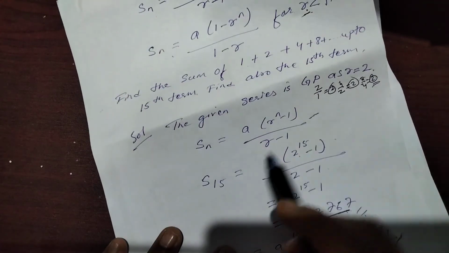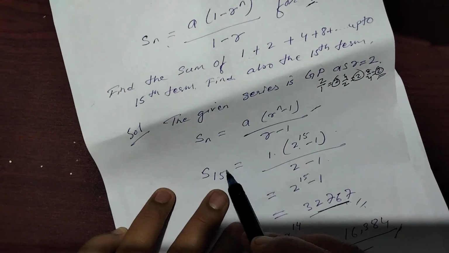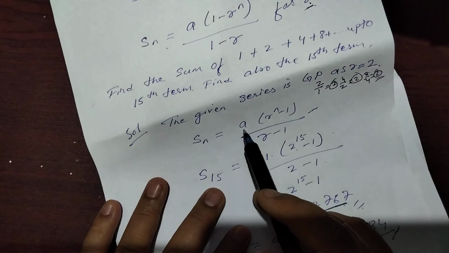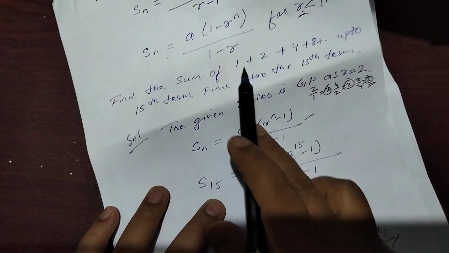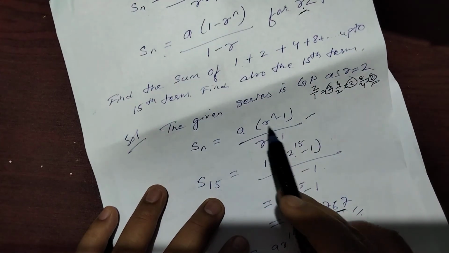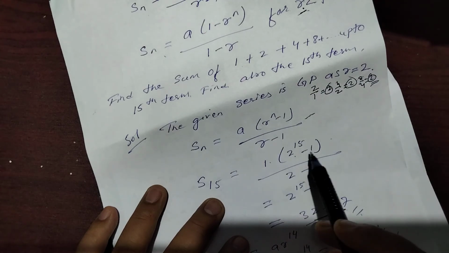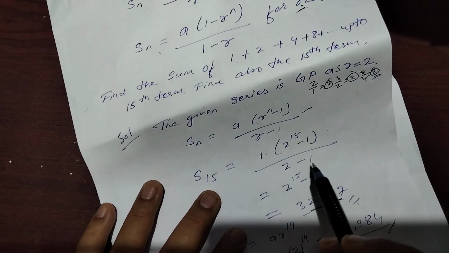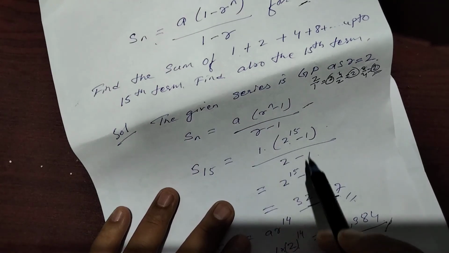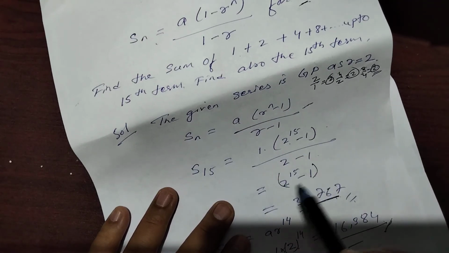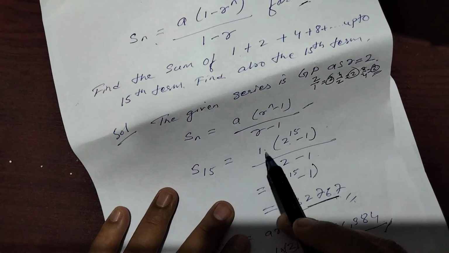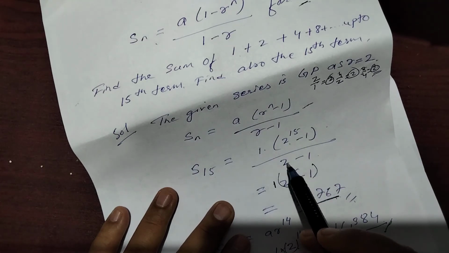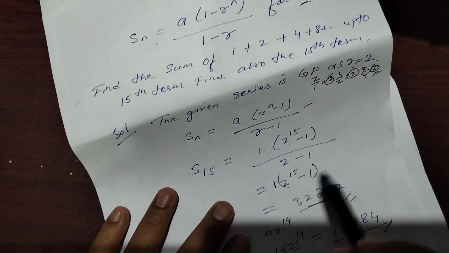So let us solve it. As n is equal to 15, the sum of the 15 terms you have to find is equal to a, the first term, which is 1, in bracket r, which is 2, to the power n, which is 15, minus 1, divided by r minus 1, which is 2 minus 1. So it will be 1 times 2 to the power 15 minus 1. 2 minus 1 is equal to 1, no need to write.